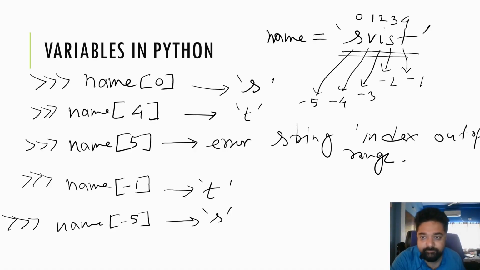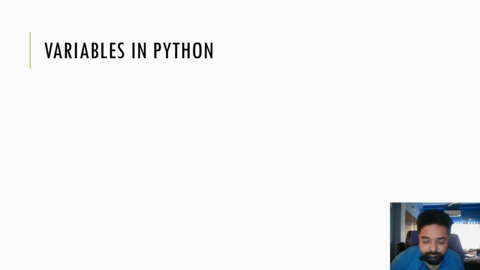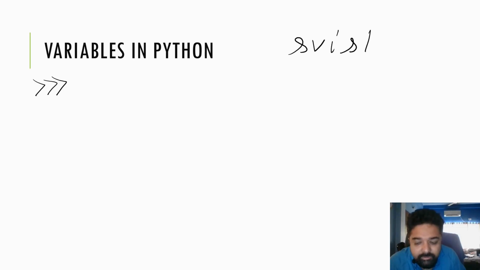Okay, again I'm writing S P I S T. This is 0, 1, 2, 3, 4.